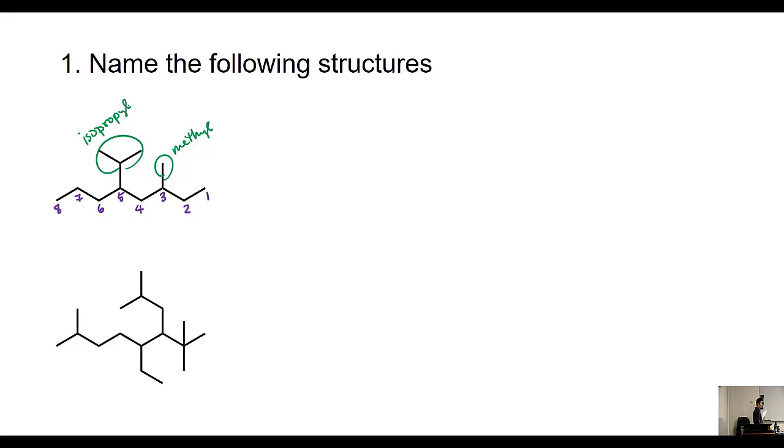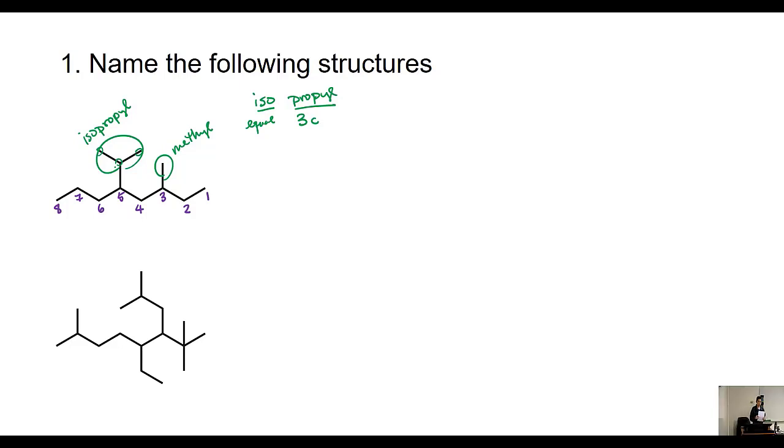It's two parts: iso and propyl. Propyl just means 3 carbons, and iso means that when I'm attached to it, I get equal parts: 1 on here, 1 in here, and 1 in the middle. So that is an isopropyl.